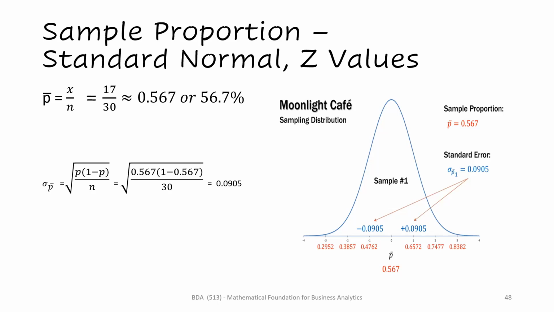If you add the sample proportion 0.567 to the standard error 0.0905, the first standard deviation is going to give you 0.6575 instead of the 0.6572.